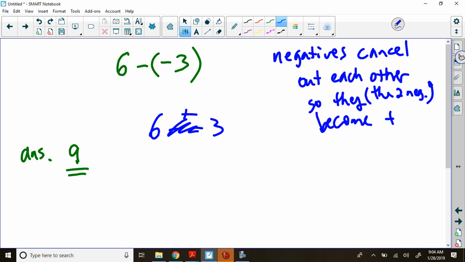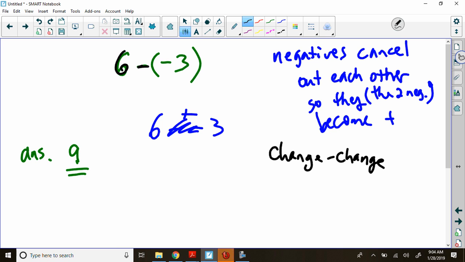Is there a rule that tells us that? Is there some kind of mathematical law that says that? What's it called? Anybody ever hear of this? You might have heard of that.